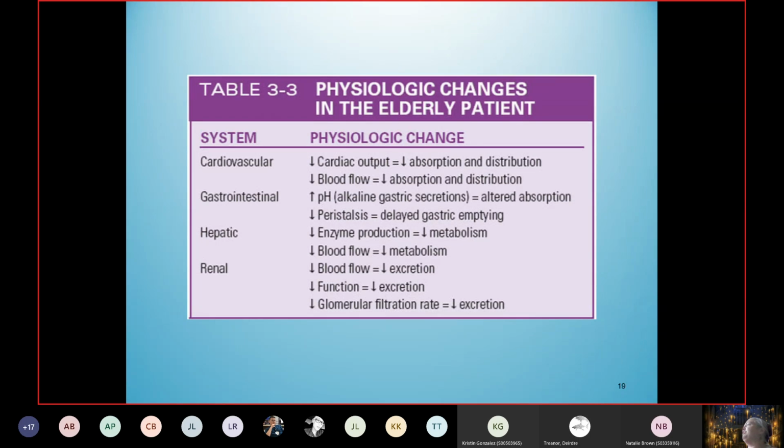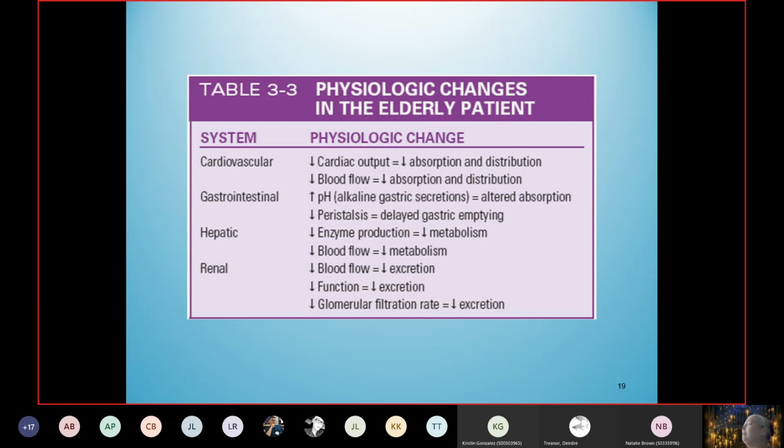So, cardiovascular changes. GI. Elderly adults have increased pH, which makes it alkaline. They have decreased peristalsis, so the stomach doesn't empty as quickly. Decreased cardiac output, which decreases absorption and distribution because the blood's not flowing.